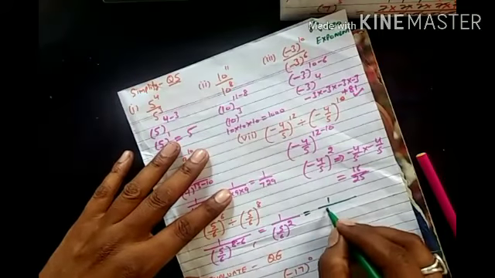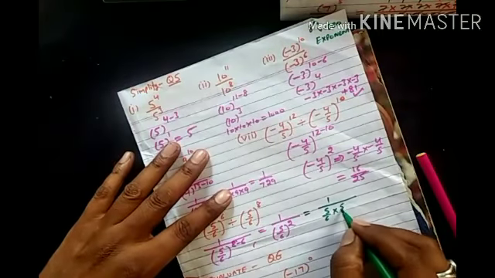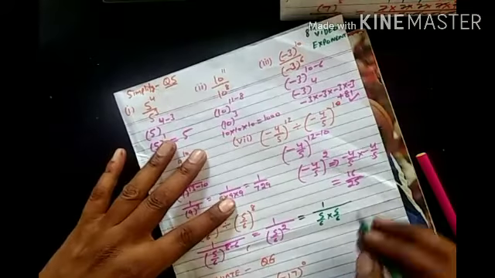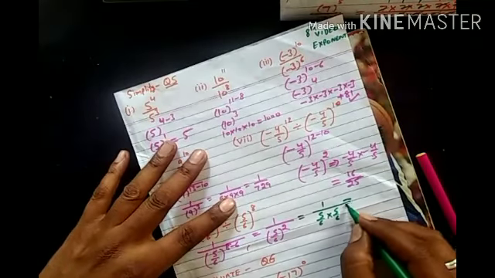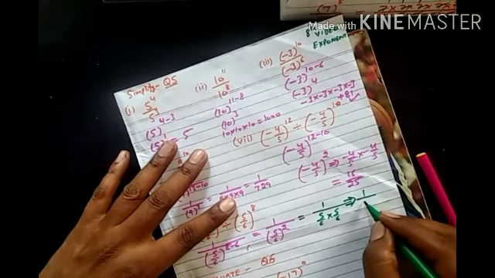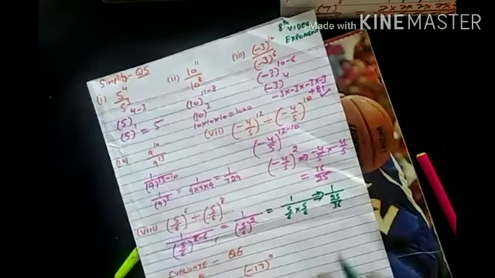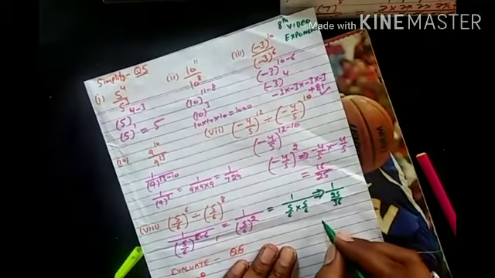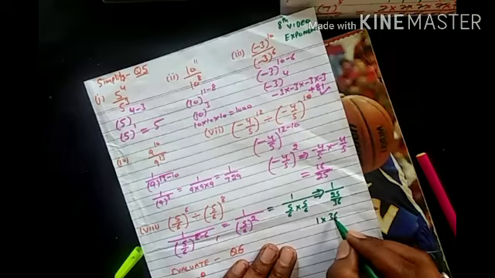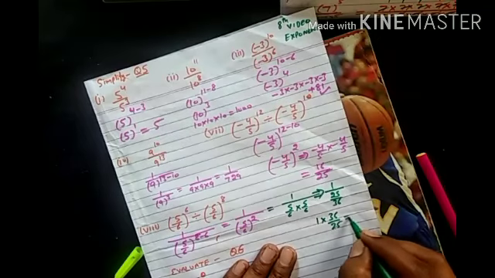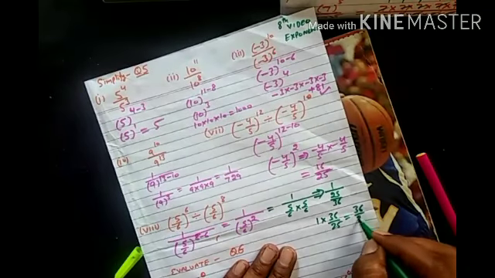The meaning of this is 5 by 6 and 5 by 6 multiplied 2 times. Now, its answer is 1 over 25 over 36. Now, it can be written as 1 multiplied by 36 over 25. Therefore, 36 over 25.